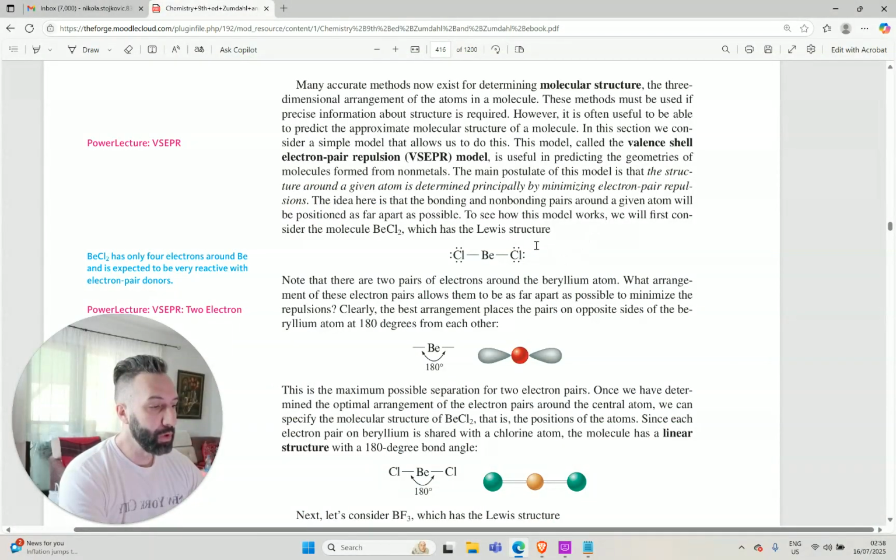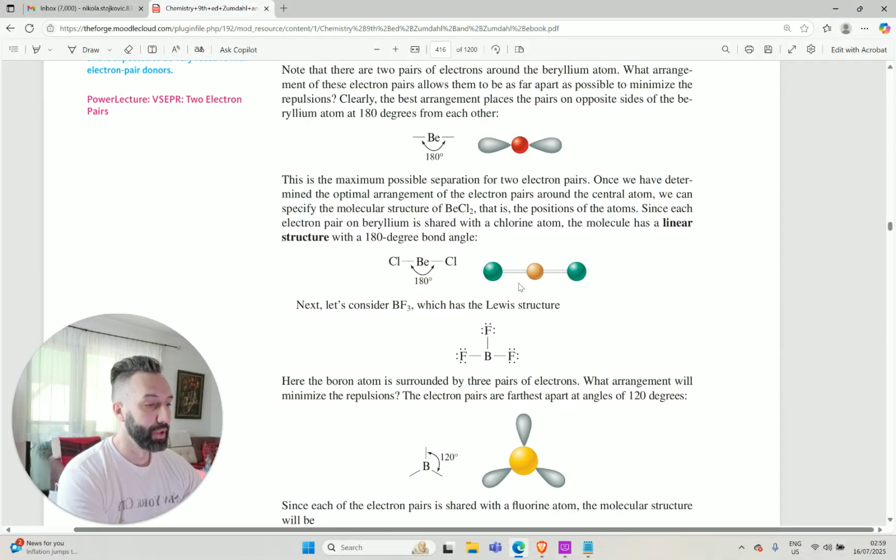So Be will just overlap one orbital with Cl, overlap one orbital with the other Cl, and it will build this kind of structure, and you would have an angle of 180 degrees here. You will see later how this structure is called, it doesn't matter now. For now, just observe it like this.